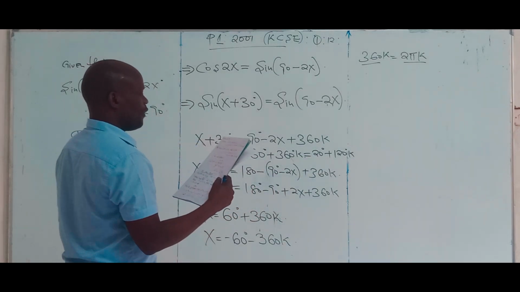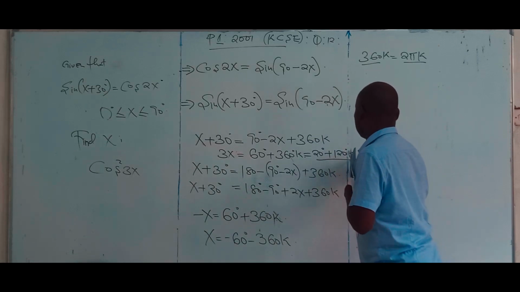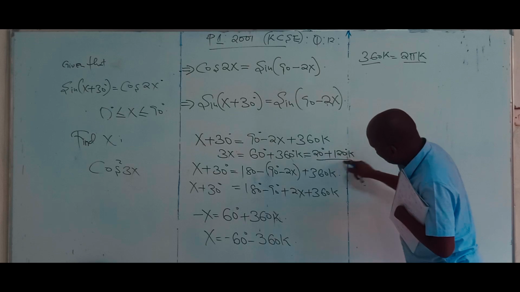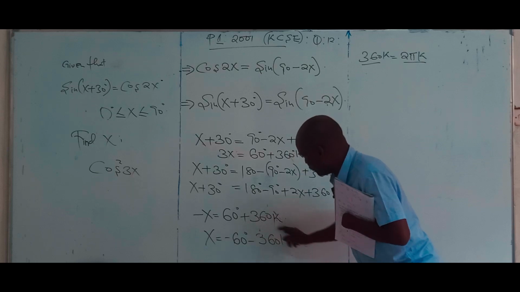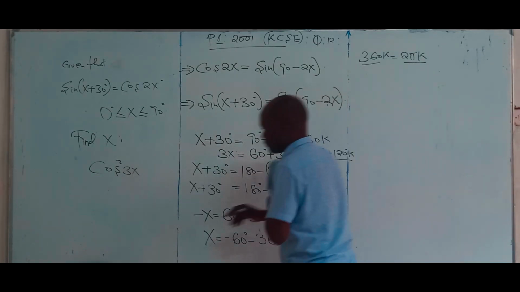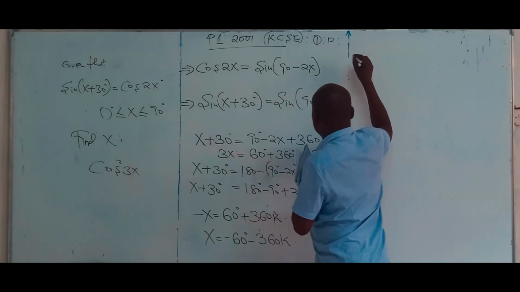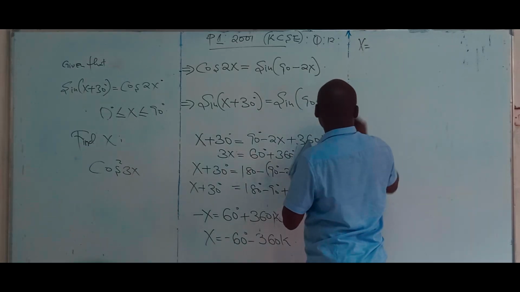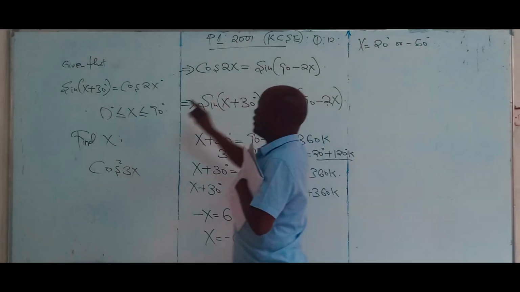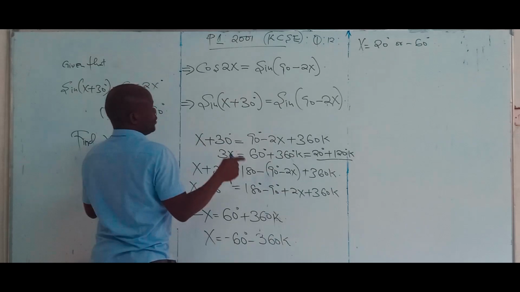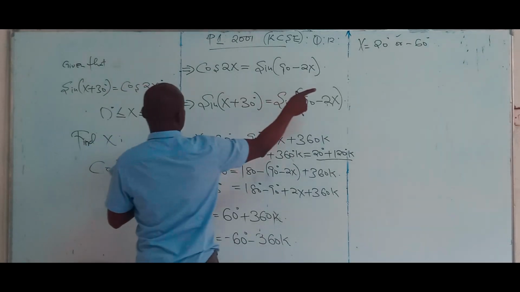So we have two values of x: 20 degrees or negative 60 degrees. Negative 60 degrees is outside this range, so we pick 20 degrees. So x is 20 degrees, that's the answer.